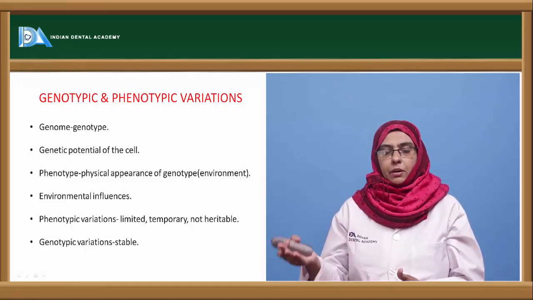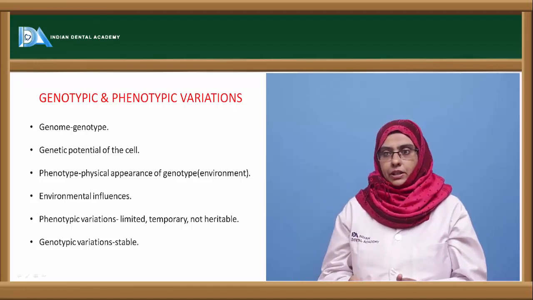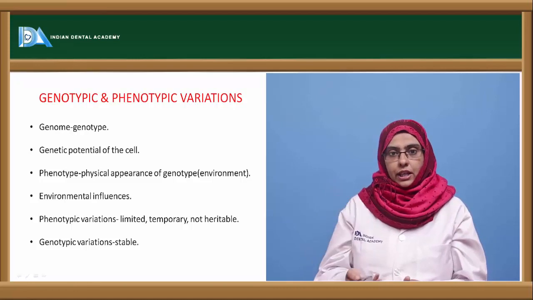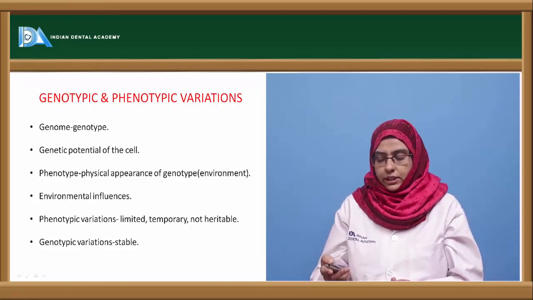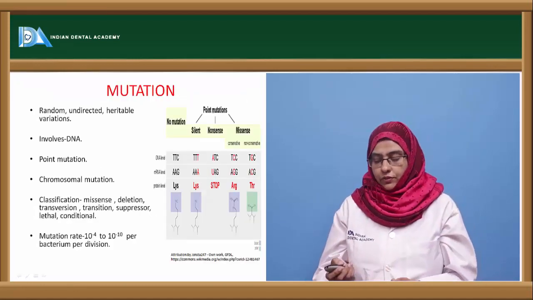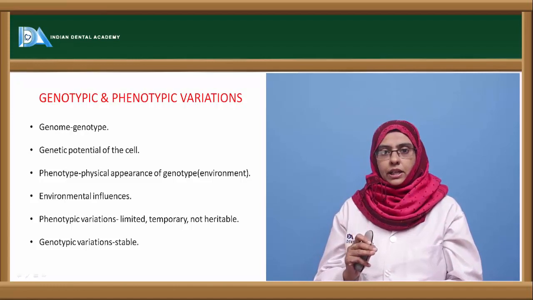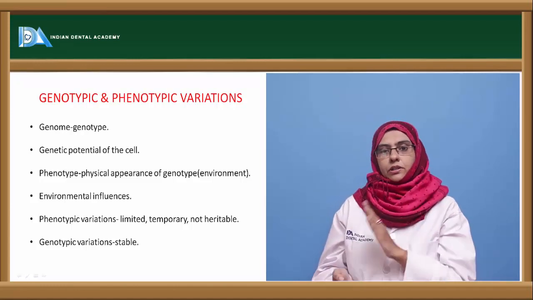Depending upon the environmental influence, you can see the change in the characteristic of a particular organism. The genotypic and phenotypic variations that are usually brought about are mostly because of a phenomenon called mutation. Phenotypic variations are only temporary, whereas genotypic variations are stable. This is because of the mutation.